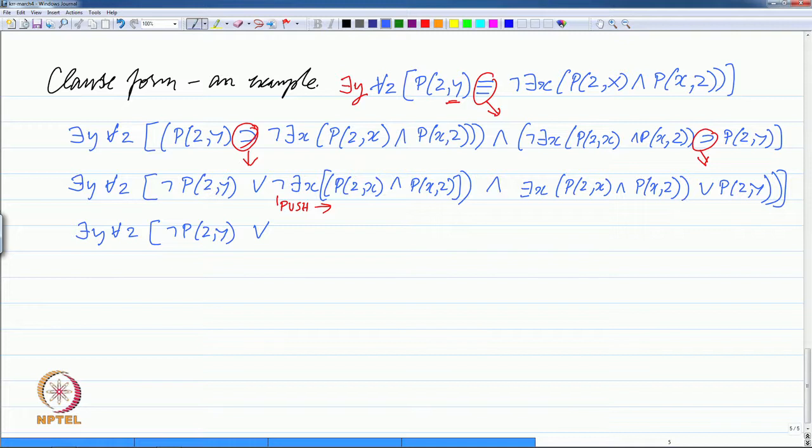I will push it across the quantifier and then I will push it into that AND. So, that AND will become an OR and the quantifier will become a universal quantifier. And the right hand side remains the same. So, I will not copy it here.